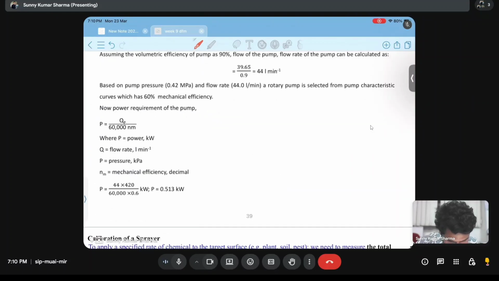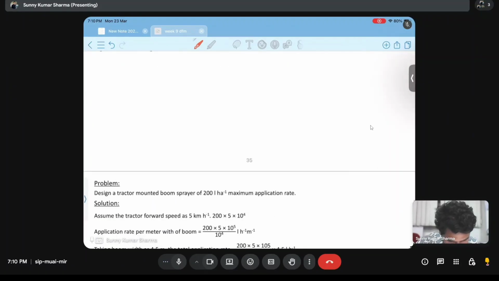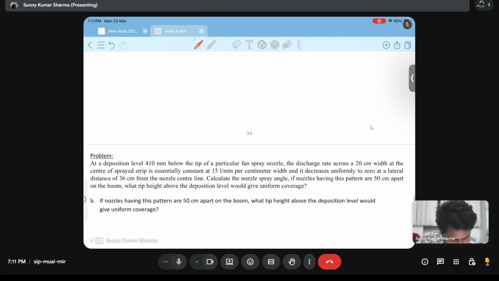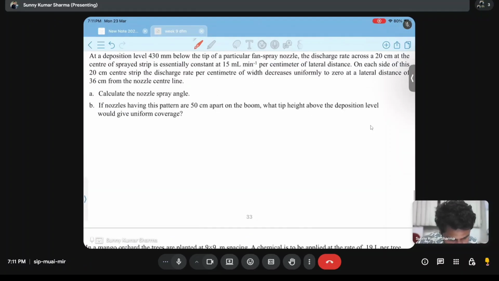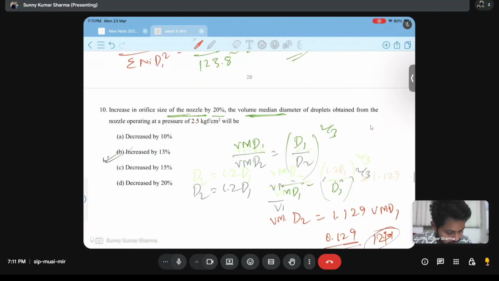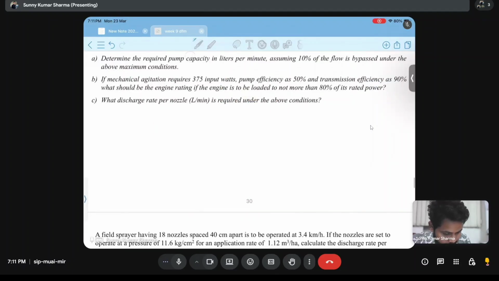Before this question, 19 liter. In which lecture is it? Sir, I have marked it. In the sir, some mango question, the third question is there. The mango, 19 liter.